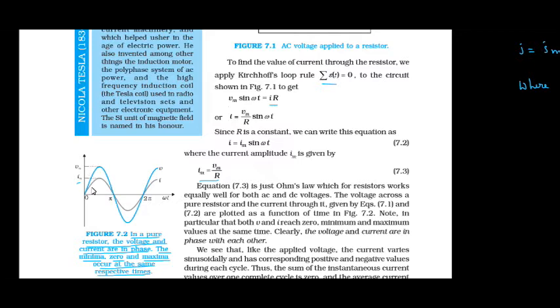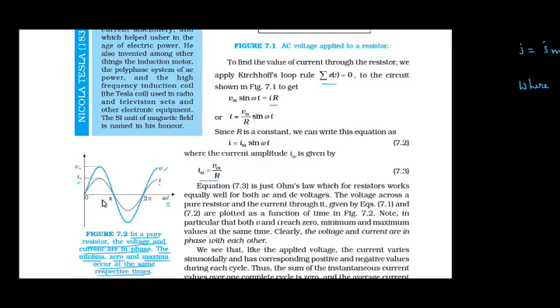The gray one is I and the blue curve is V. You can see they start at 0, they meet at pi, again they meet at 2 pi. X-axis we have taken as omega t.